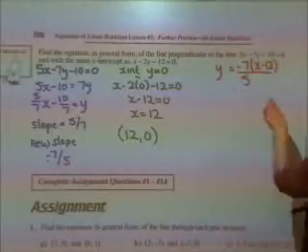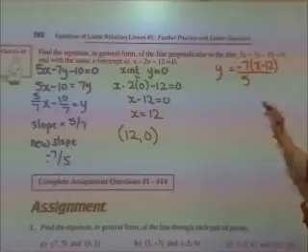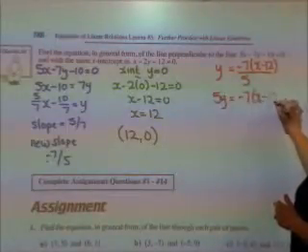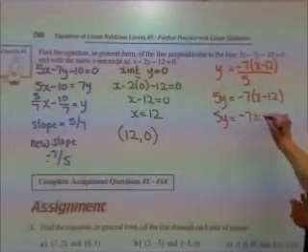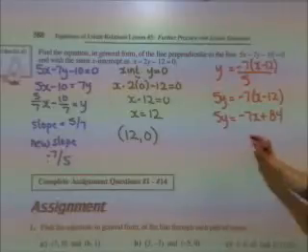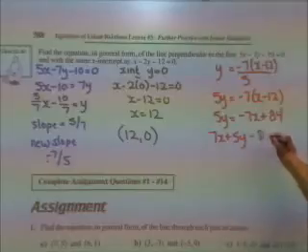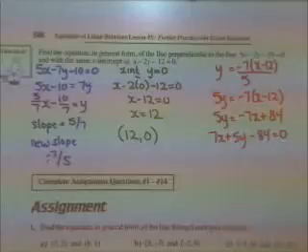I need to get rid of the fraction, so I need to get rid of the 5. So what operation gets rid of the 5? Multiplication. So 5 times y equals negative 7 times x minus 12. So then I would multiply by the negative 7. Because my x is negative, I would move everything to the other side to make it positive. The 84 becomes negative. And there's my general equation.